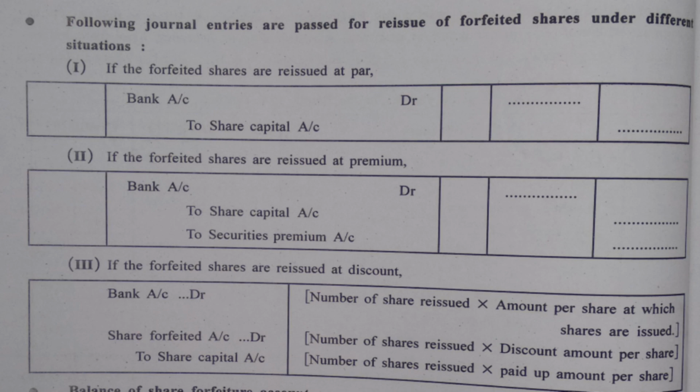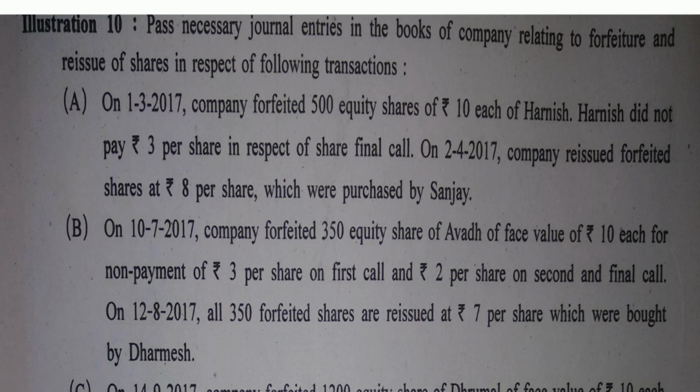Okay, so here is illustration 10 that we are going to understand. We have considered 2 questions for today, but let us see how many we can solve. Starting with the first one, you're supposed to write down journal entries for forfeiture and reissue of shares.